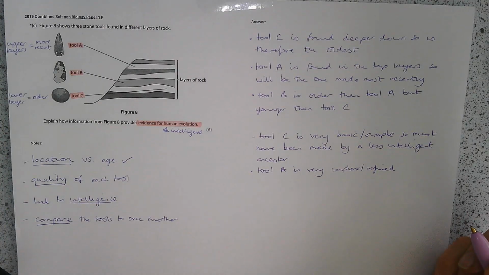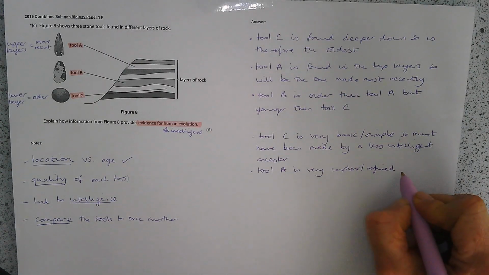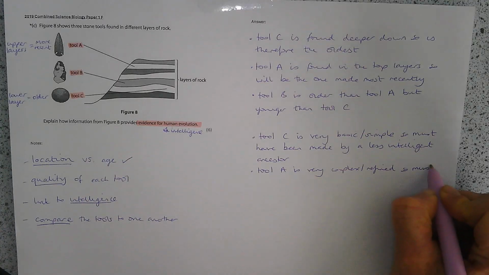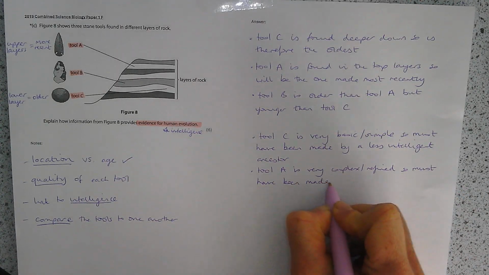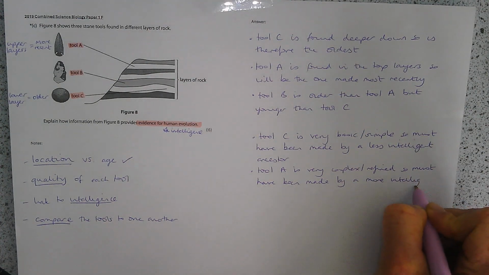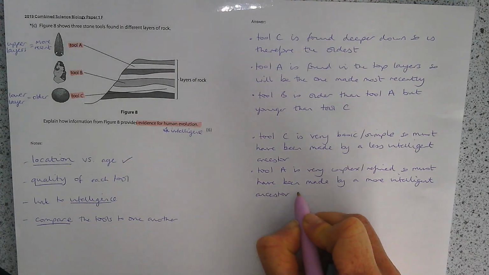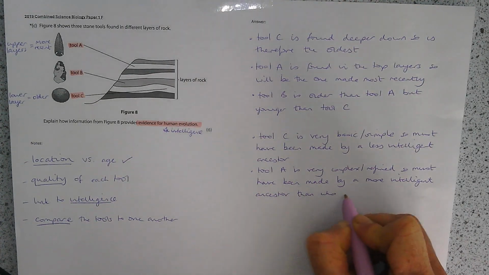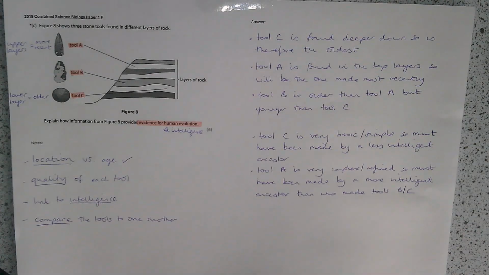So for someone, a species to think to do that, obviously must have been more intelligent. So it's very complex and refined, so must have been made by a more intelligent ancestor than who made tools B and C.